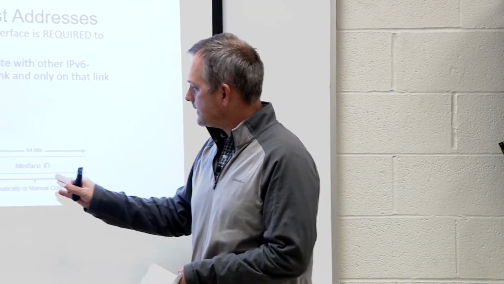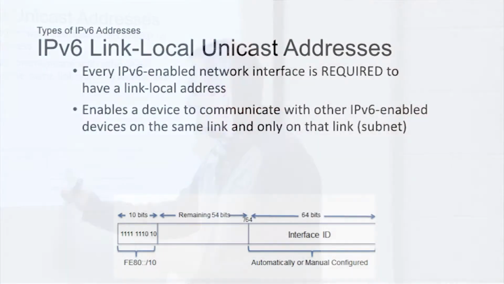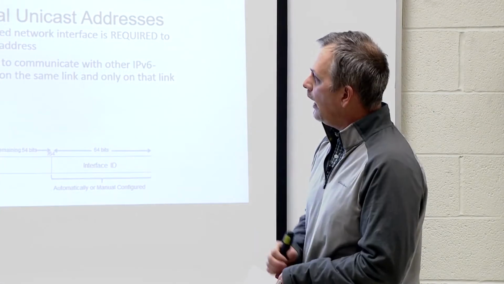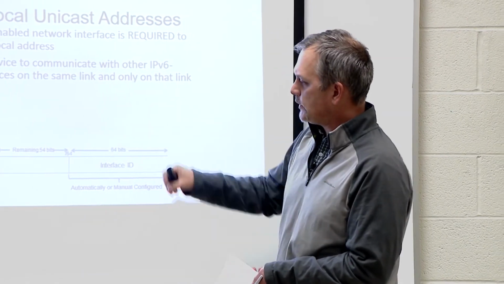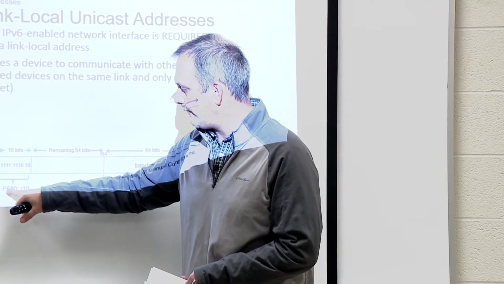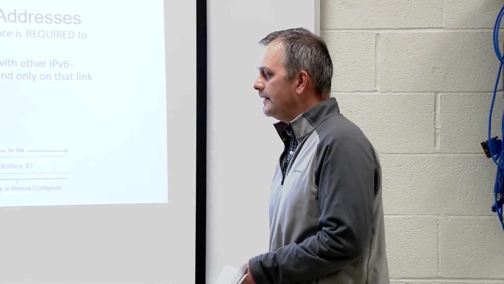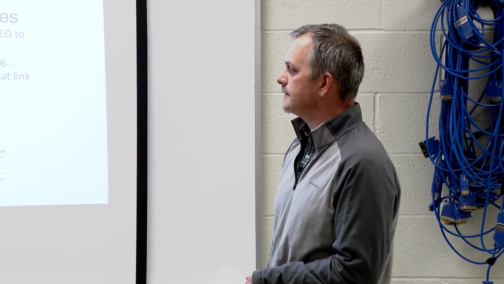In this case, our link local unicast address will be comprised of 64 bits comprising the prefix and 64 bits comprising the interface ID. All link local unicast addresses will start with FE80 as the first 4 digits in the hexadecimal address.